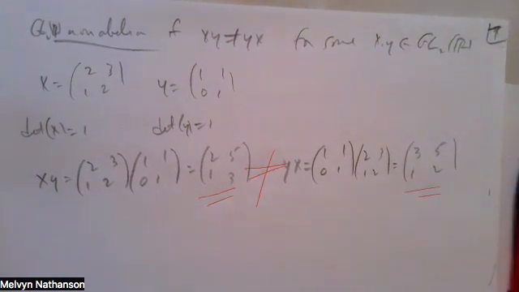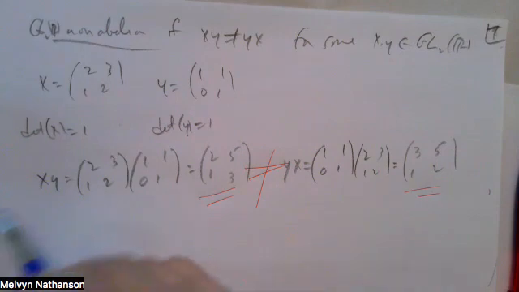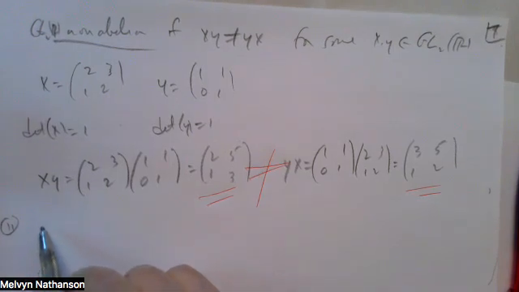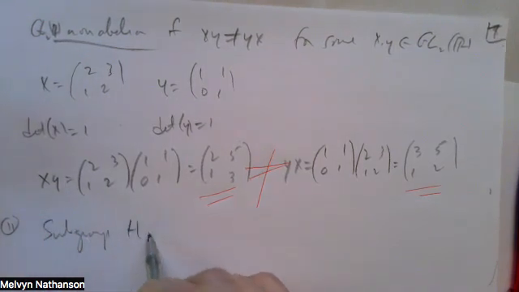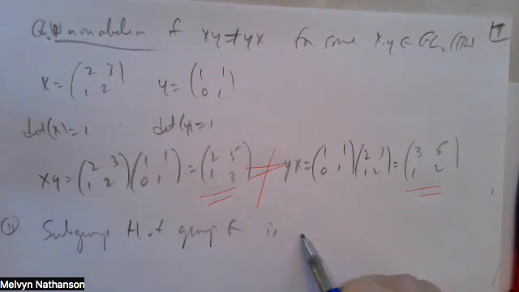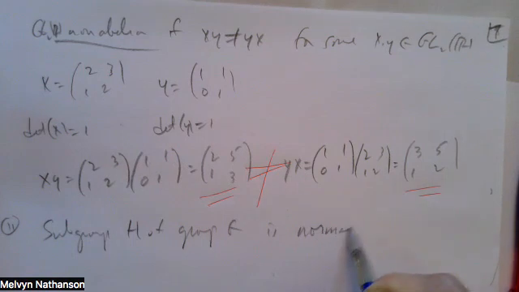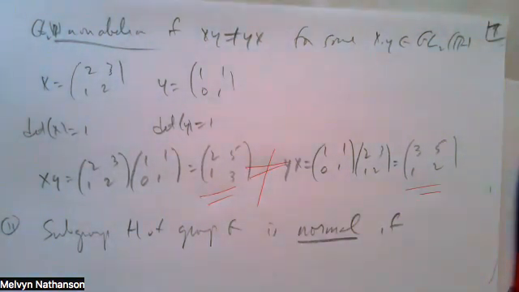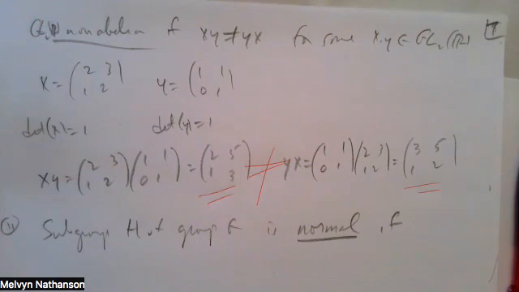All right. What about number 11? The subgroup H of a group G is normal if it satisfies the following condition.